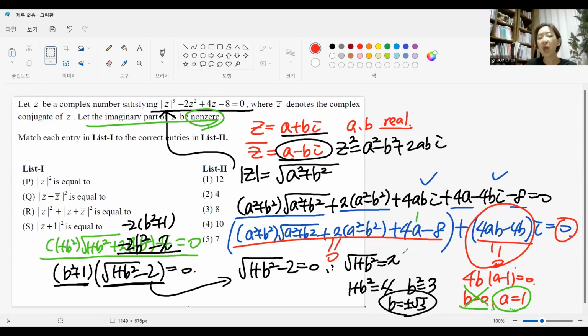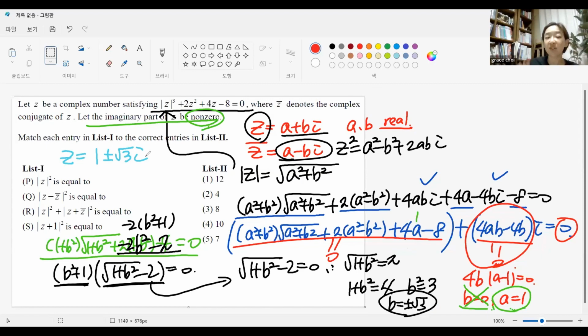At last we have the name of Z. Oh, what's your name, Z? Hey, Z, what is your name? Yeah, my name is 1 plus or minus square root 3 i. All right. So, we can continue our question. What is the question then?